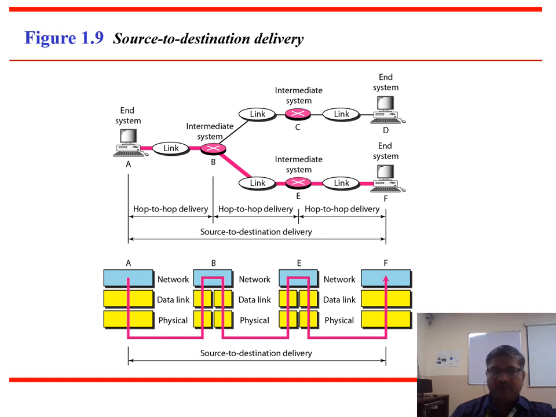Here you can see in the network layer that end system A is connected with end systems D and F, and has to pass through all the intermediate systems and intermediate links. It has to travel all three layers, physical, data link and network layer, to reach the end system. So it has to pass through all the intermediate links and systems to reach the destination.